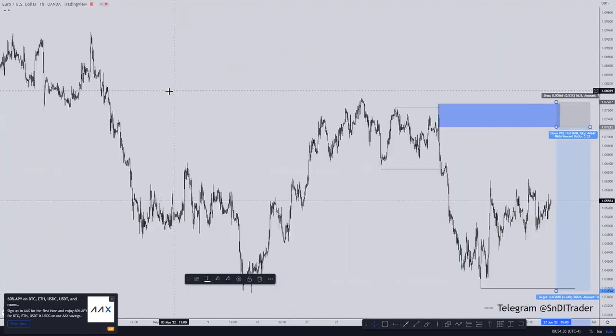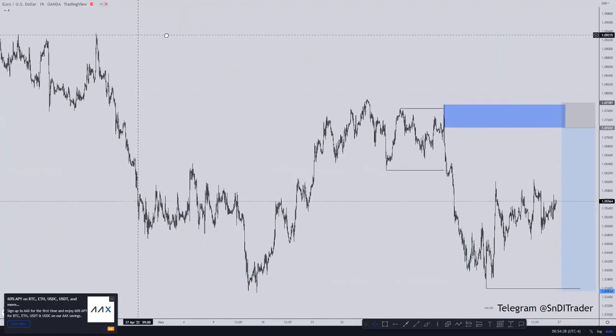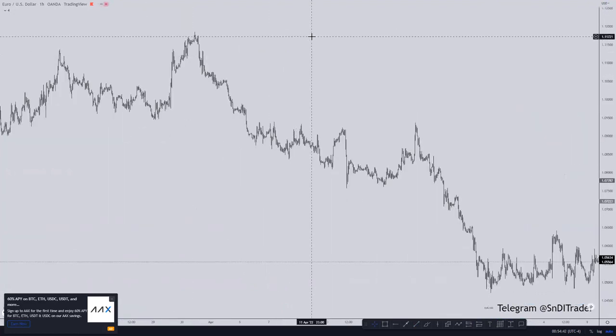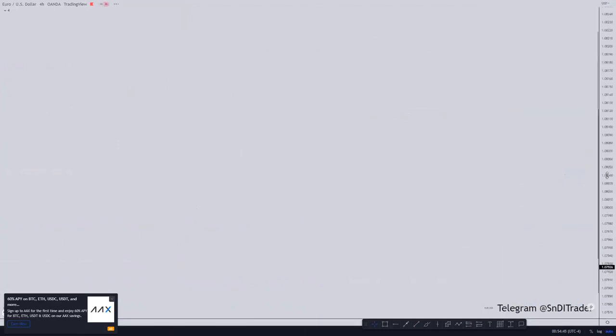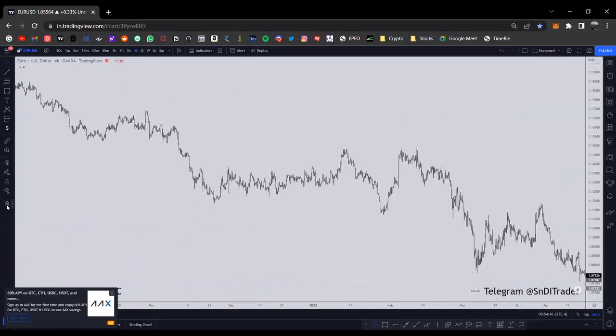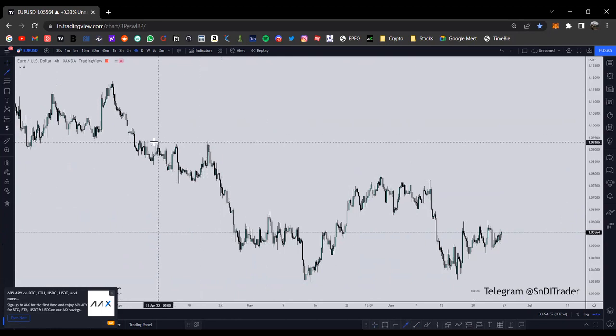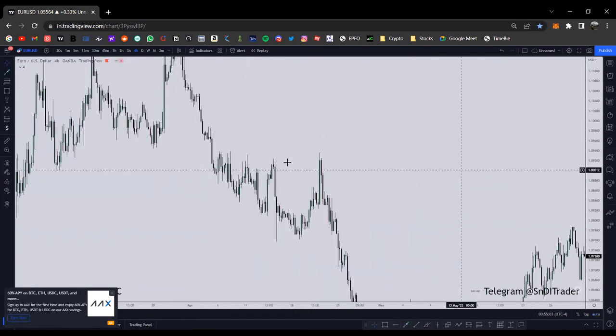Let me explain one more time. So you see, this high made some sort of equal highs as well. But what happened exactly?